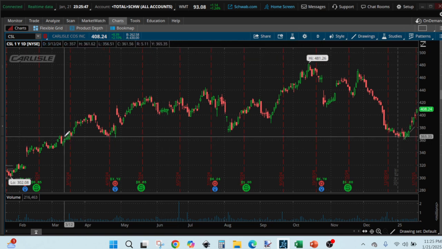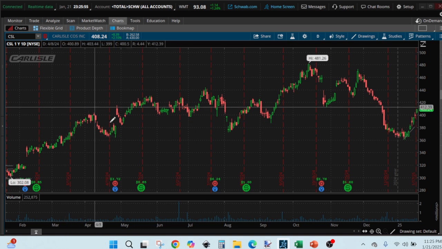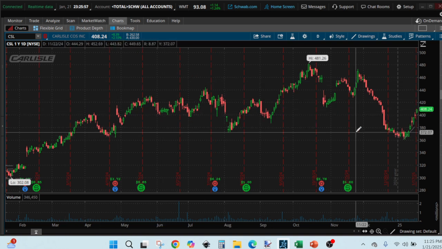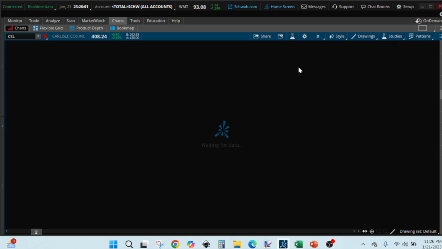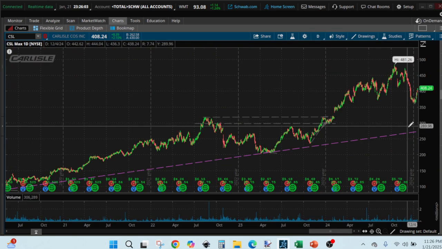It just looks like there is a pause, a support line here for it, because it touched base with it 3 times or so. And when we go to the maximum daily chart, yeah, we like to wait here.